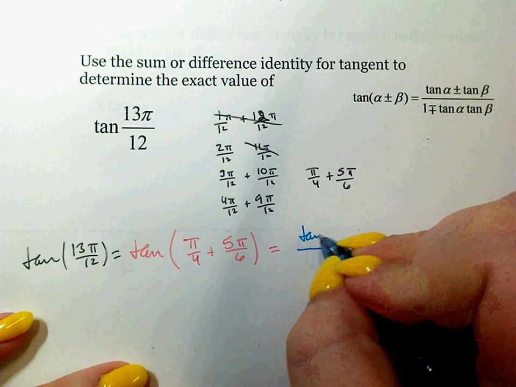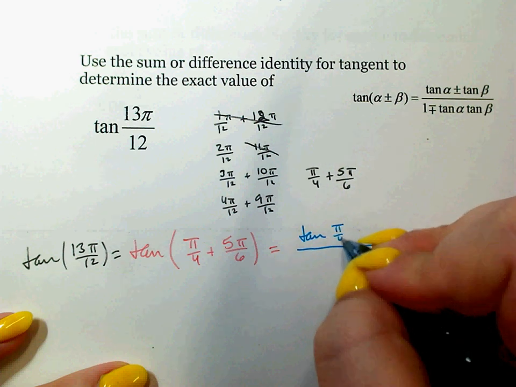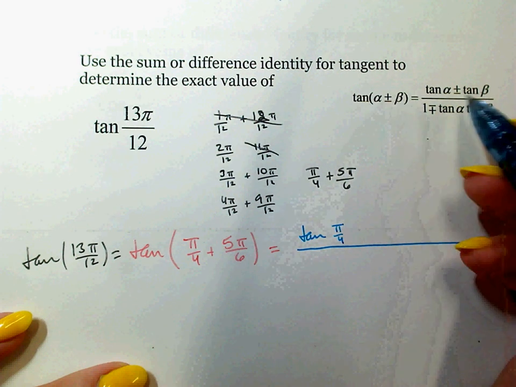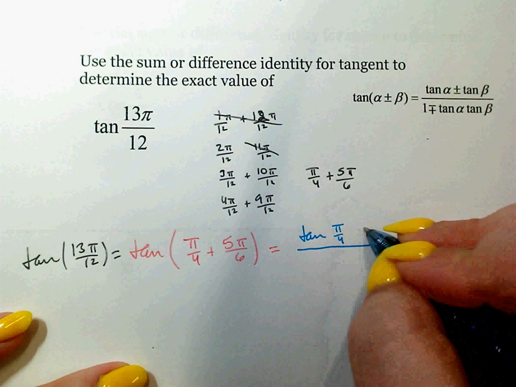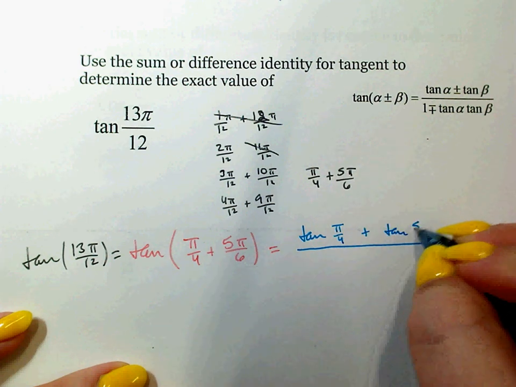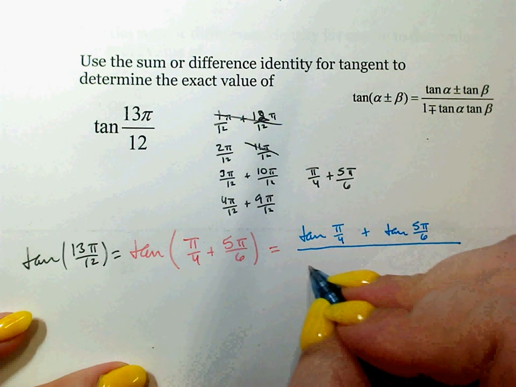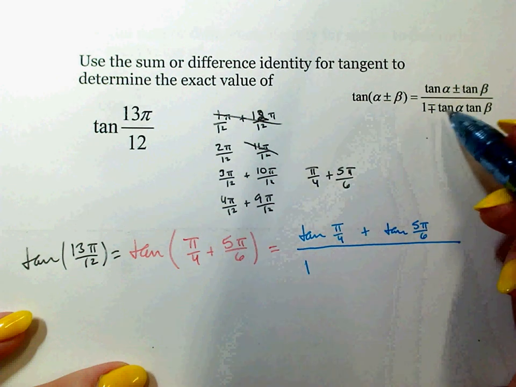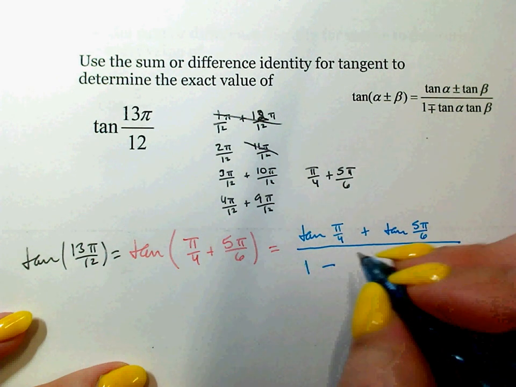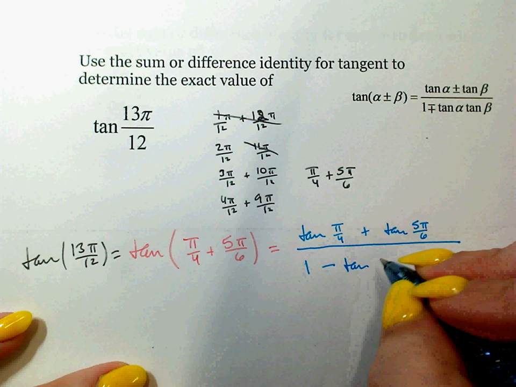It says plus minus, so if this is a plus, this is a plus. Tangent of 5 pi over 6 over 1. This is plus minus, this is minus plus, so this is the opposite, 1 minus. And then the same two things, tangent of pi over 4 and tangent of 5 pi over 6.